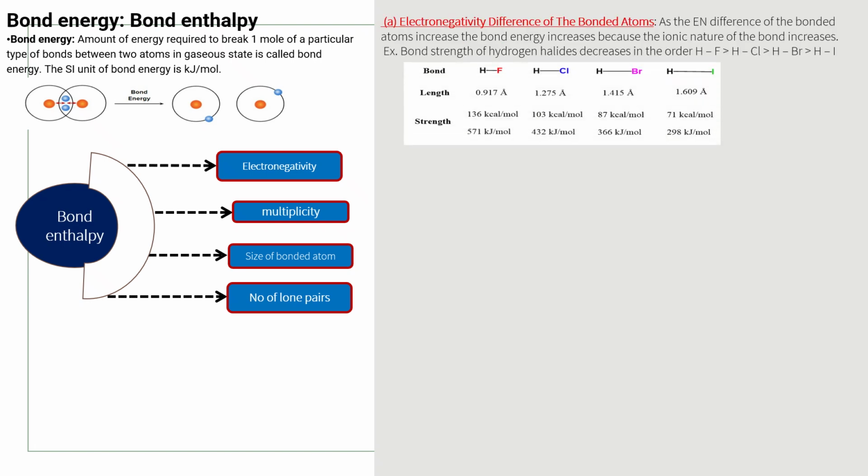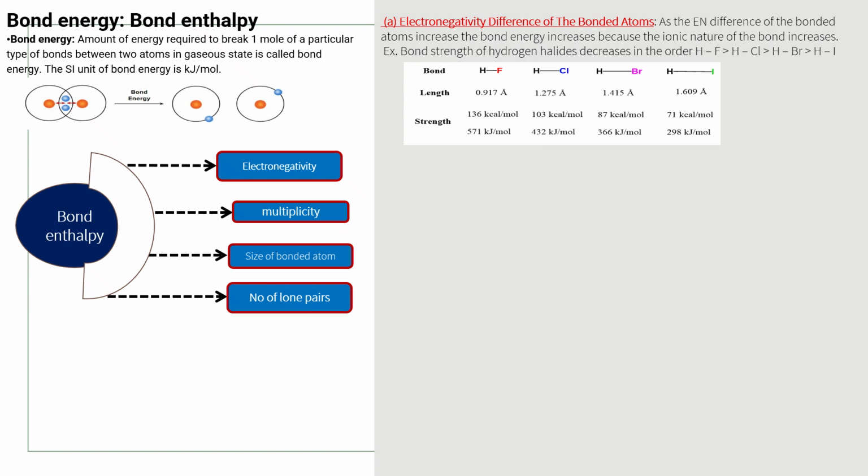So when these halogens are bonded with hydrogen, for example hydrogen fluoride, hydrogen chloride, fluorine has the highest electronegativity, so the difference between these bonded atoms increases. When the electronegativity difference between bonded atoms increases, the bond energy also increases. So from hydrogen fluoride to hydrogen iodide, the bond energy decreases.